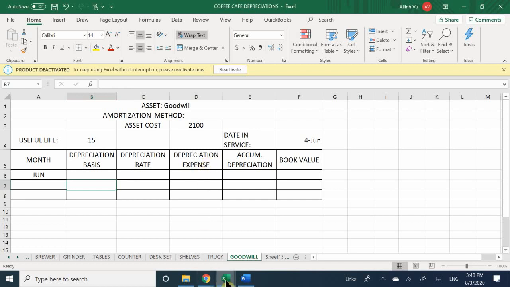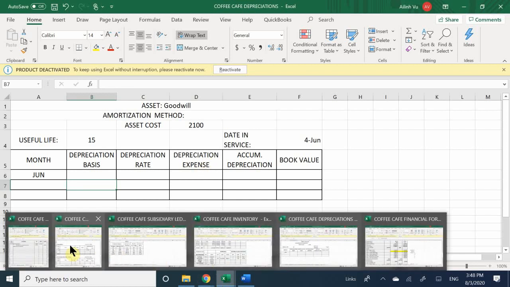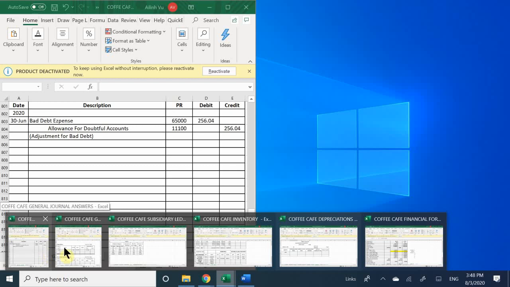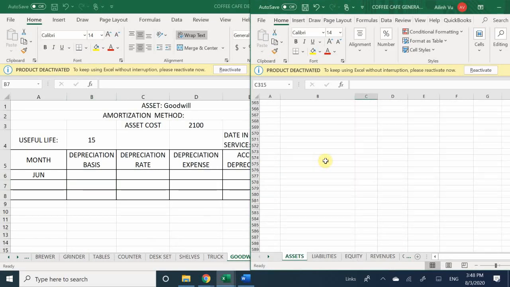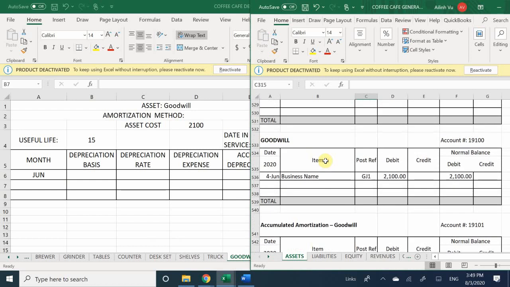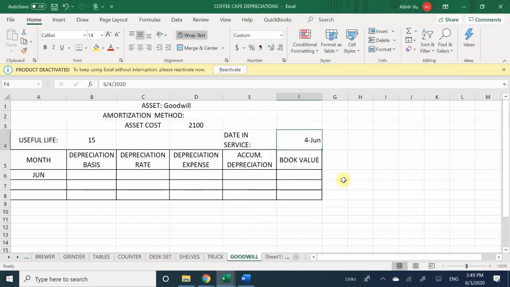What is Goodwill? A sign? It's a building? No, it's not. Not a building. A company. Okay, I guess I can give that to you. Goodwill is not a sign. Goodwill is considered an intangible asset.